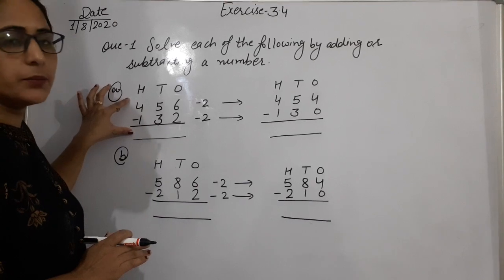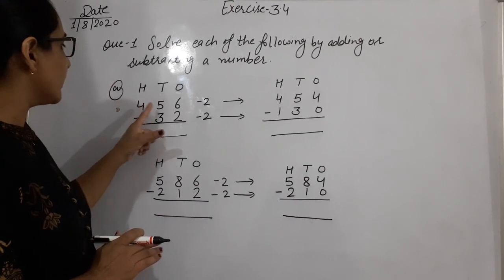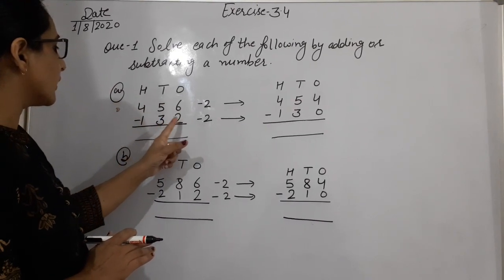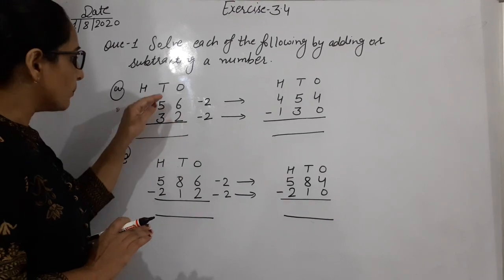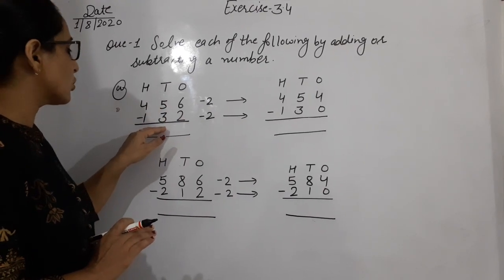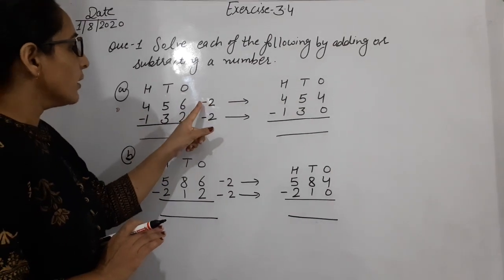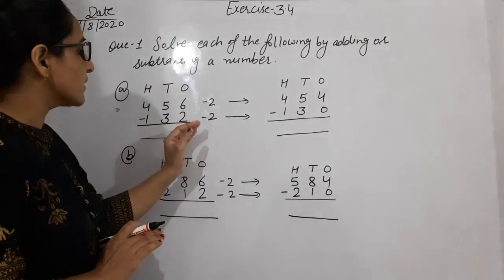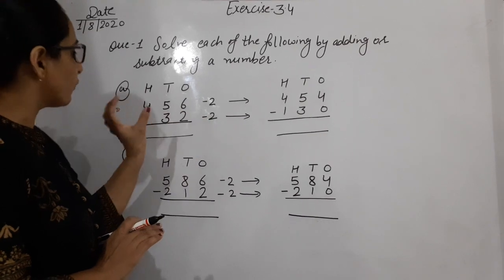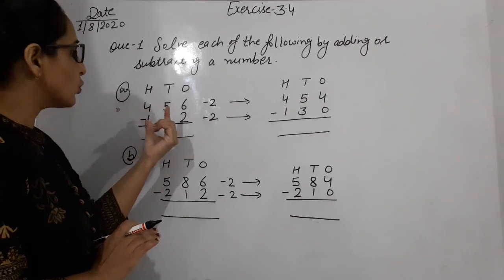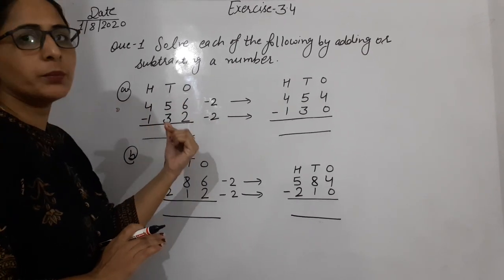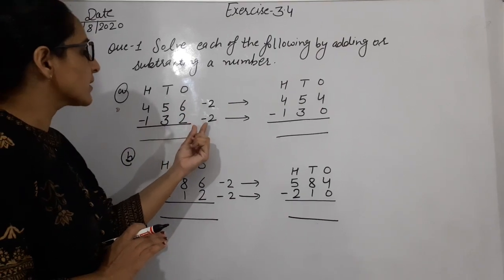There is the part number A. It's 456 minus 132. Simply we subtract this question. We do this question, but the question is we add, otherwise we subtract a number from these given numbers. जो ये नंबर दिए हुए हैं इसमें से या तो हमें ऐड करना है या हमें सब्ट्रैक्ट करना है.